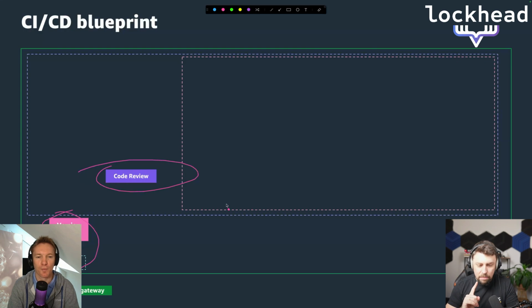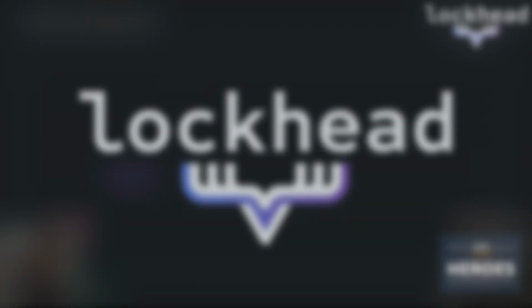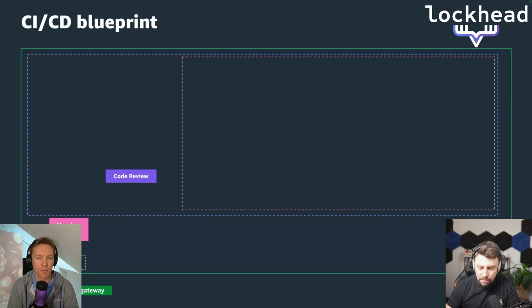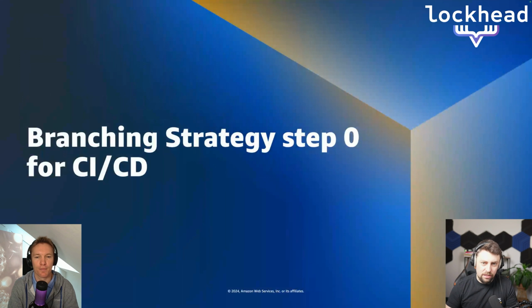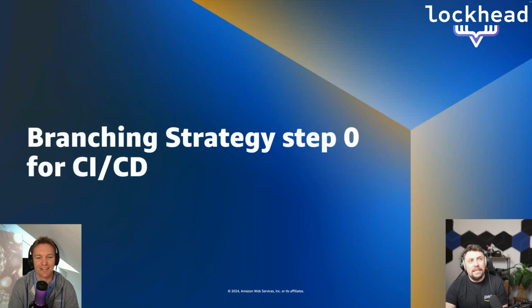But before we continue, I propose to go back a little bit and speak about how to select the correct branching strategy, because it's an important step. Step 0. Yes, it's very important. When I started my career, I remember that I joined some project and people shared with me permissions to Git.